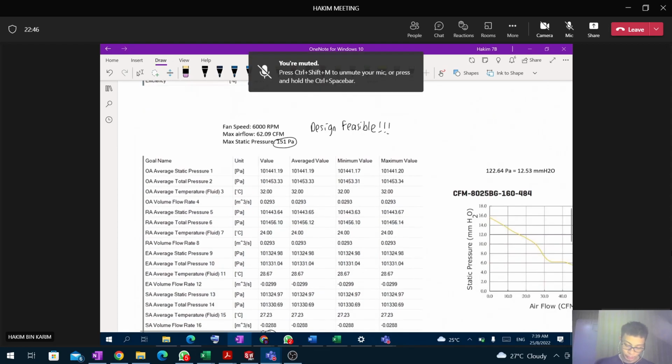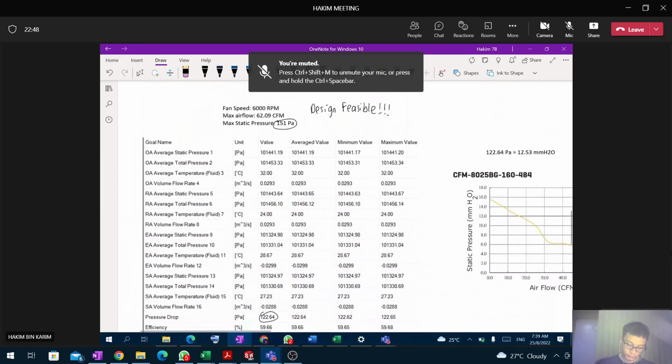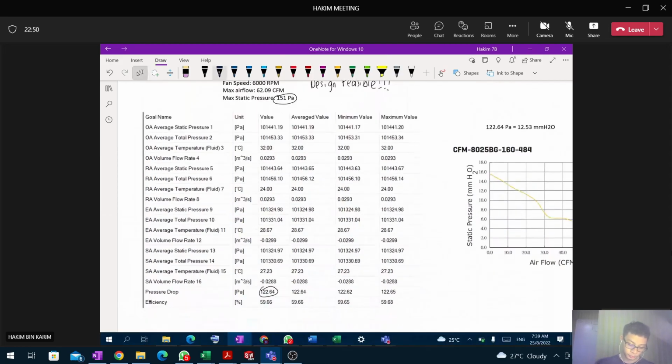If we increase the fan speed, for this case 6000 RPM, static pressure is 151 Pascal and pressure drop is 122 Pascal. You can see that the gap is much higher than the 5000 RPM one.